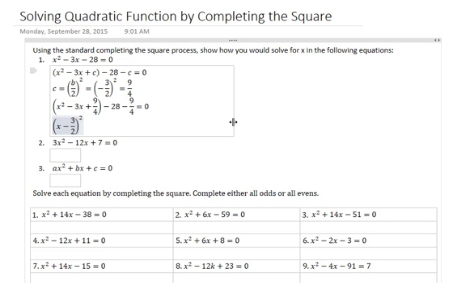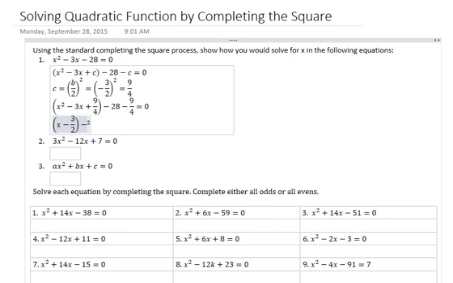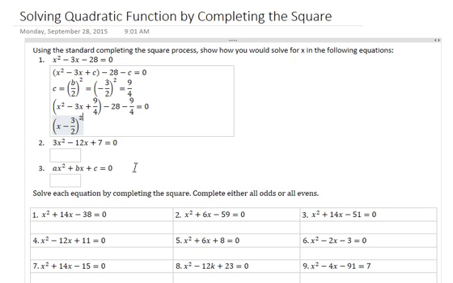Now we still have this minus 28 minus 9/4, which if we put that into our awesome calculators, here's what we get. We get minus 103 over 4 equals 0.